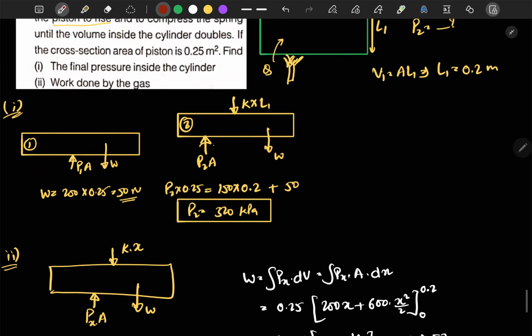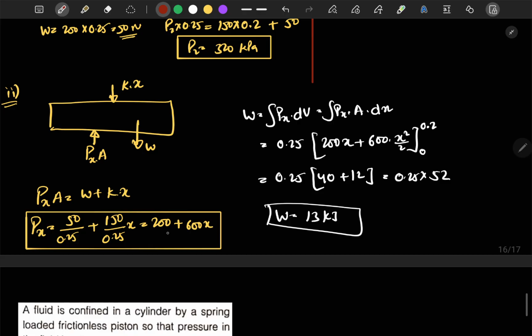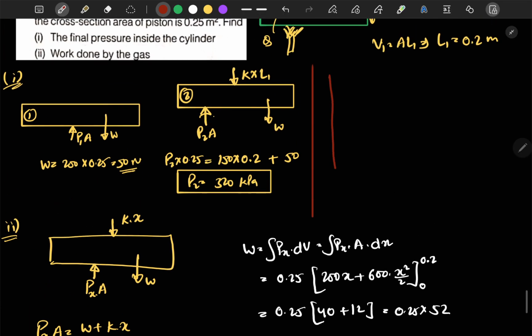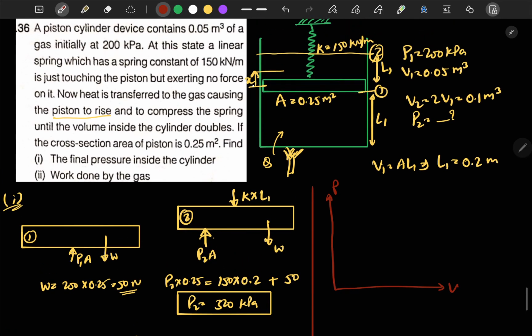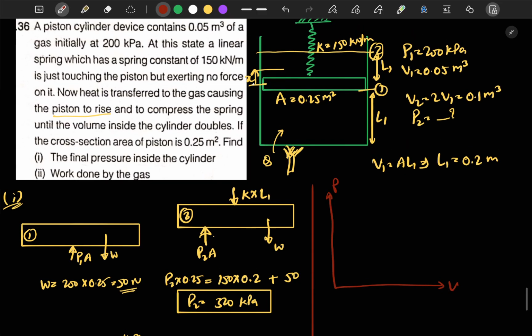Whenever there is a linear spring, you just know that the pressure will vary linearly, and so you will simply draw a PV diagram. We know there is expansion, so volume will definitely increase, and due to the spring the pressure is also increased.